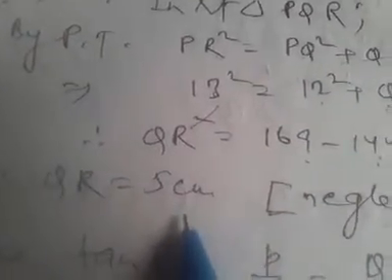If we take minus 5 to the whole square, again we get 25, and if we write 5 to the square, we also get 25. So we have removed this minus 5 and taken only the positive value. QR is equal to 5 centimeters.